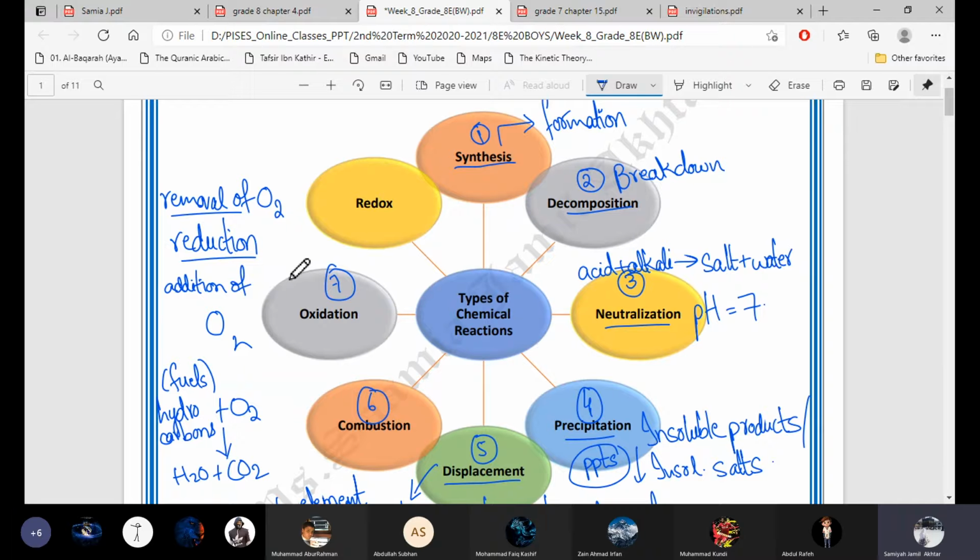This definition is in terms of oxygen. But in electrolysis, we will study the definition of oxidation and reduction in terms of electrons.